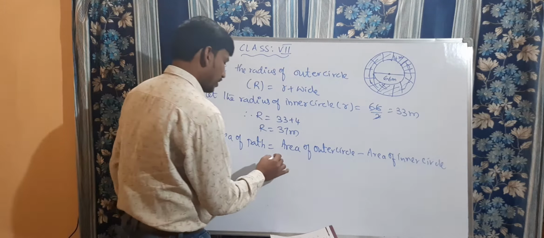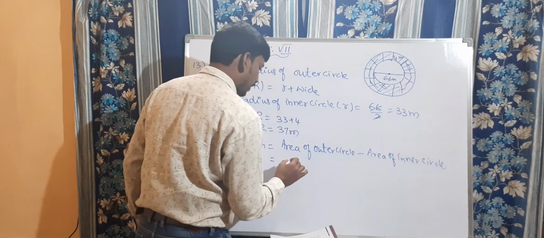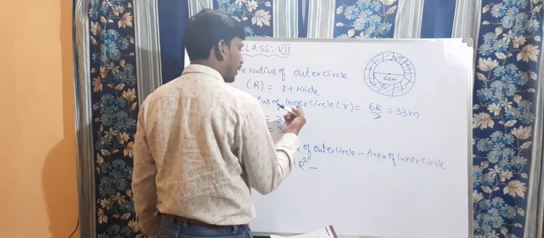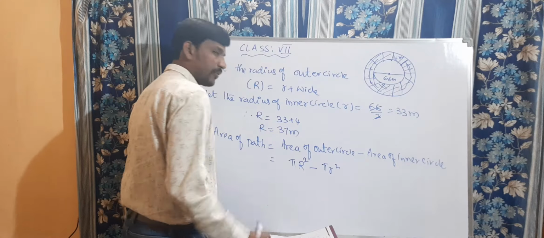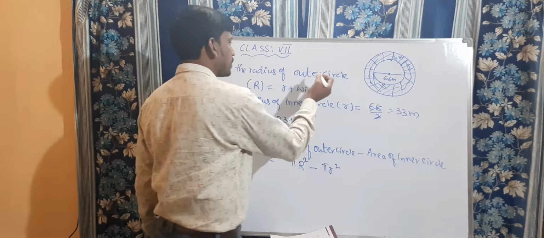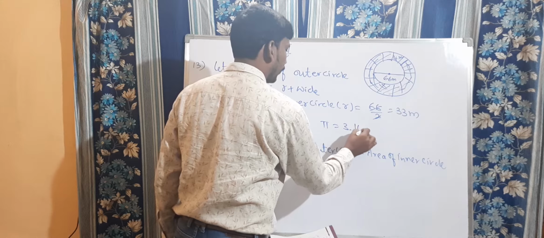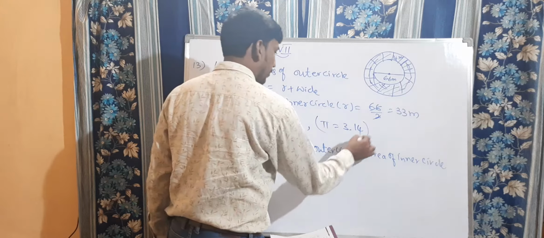Pi r square. For the outer circle we took the radius as capital R, so pi capital R square, minus the area of the inner circle with radius small r, that is pi r square. Pi is a constant value, right? The given pi is 3.14. It is a constant value, right, children? So we can use pi equal to 3.14.